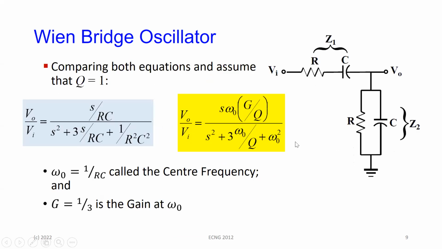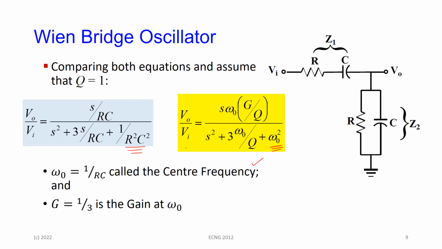If I compare both equations and assume this thing Q is 1, forget what Q is. If you compare straight off, you can see that omega naught squared is equal to 1 over R squared C squared. In other words, omega naught is equal to 1 over RC. This is called the center frequency of the bandpass.